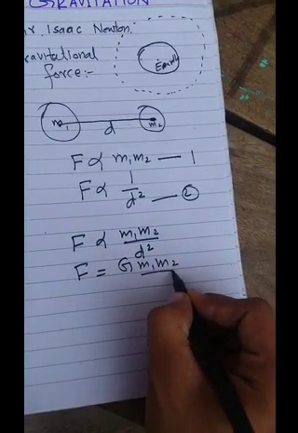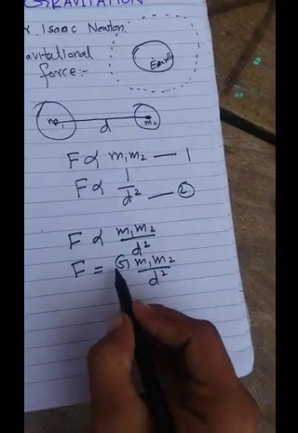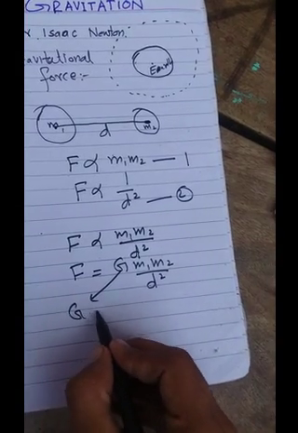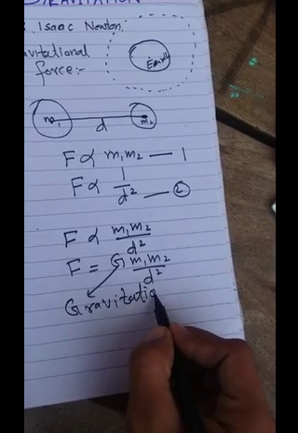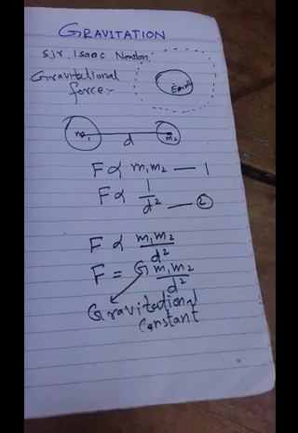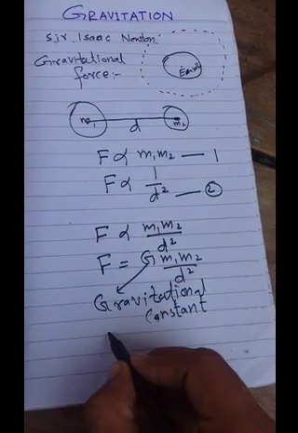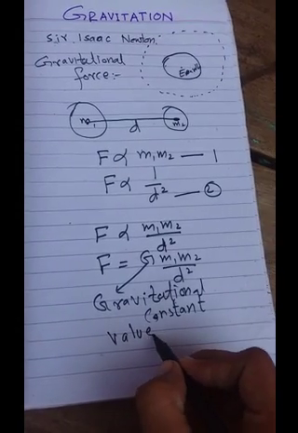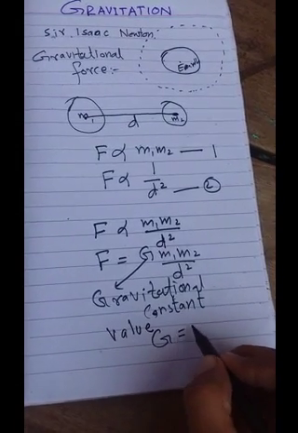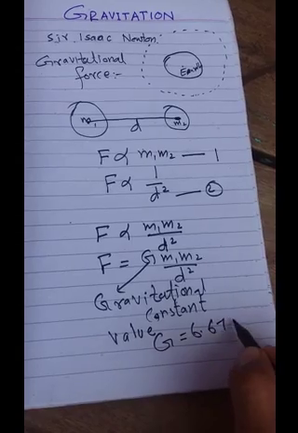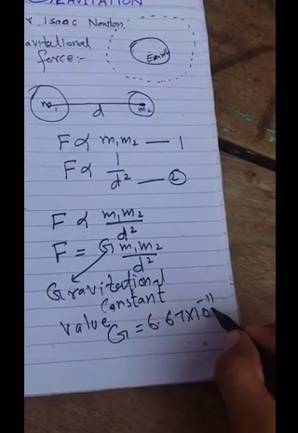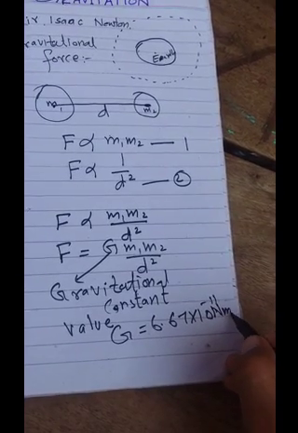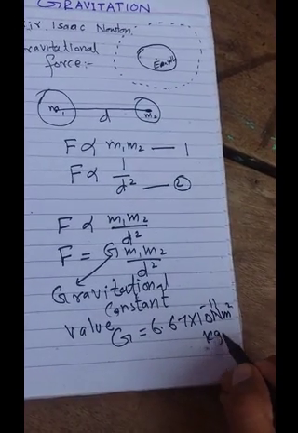This constant is called the gravitational constant, capital G. The value of this gravitational constant G is 6.67 times 10 to the power minus 11 Newton meter square per kilogram square.